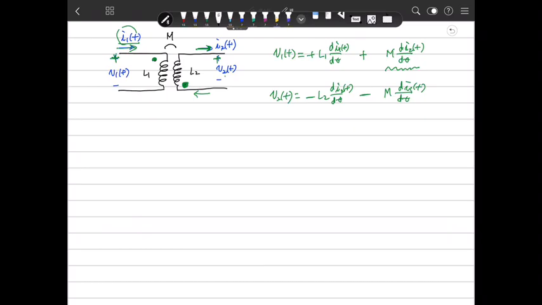This mutual characteristic of the coupled inductor can be represented with a dependent source. We call this modeling. So we can make the mutual inductance modeling by dependent source.